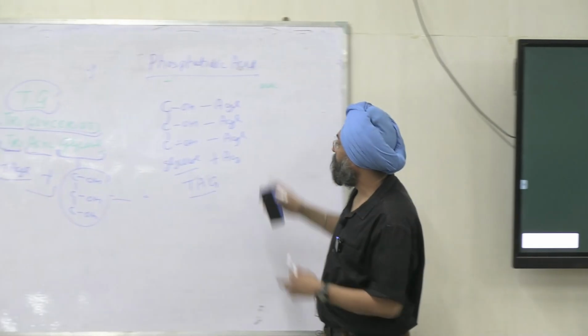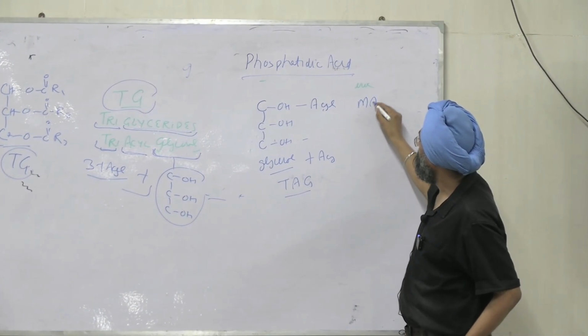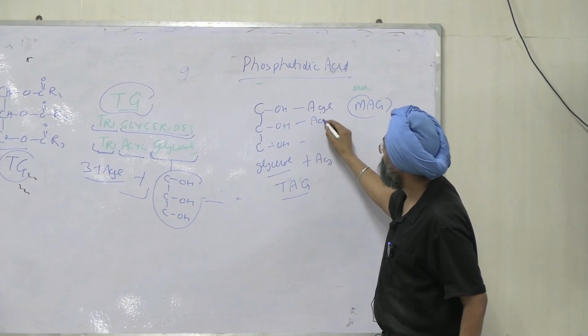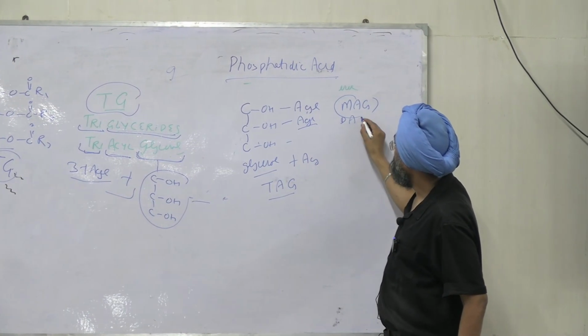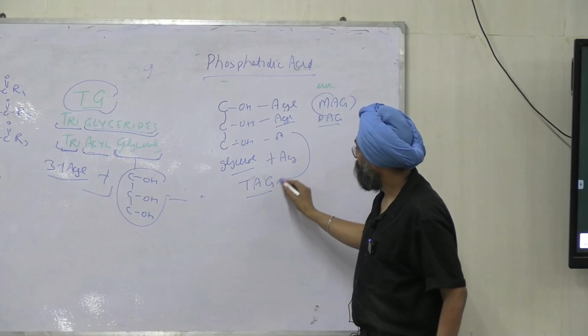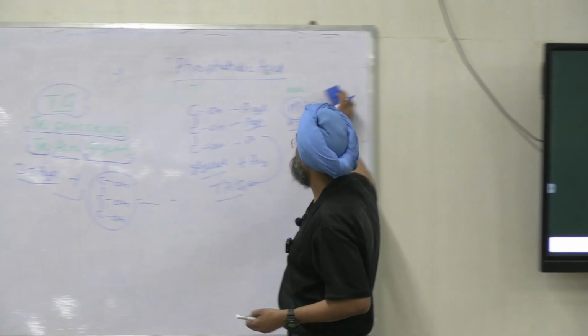If one acyl group is attached, it becomes monoacyl glycerol. 2 acyl groups are attached, it becomes diacyl glycerol. And another acyl group is attached, it becomes our triacyl glycerol, right? Now you draw the structure.